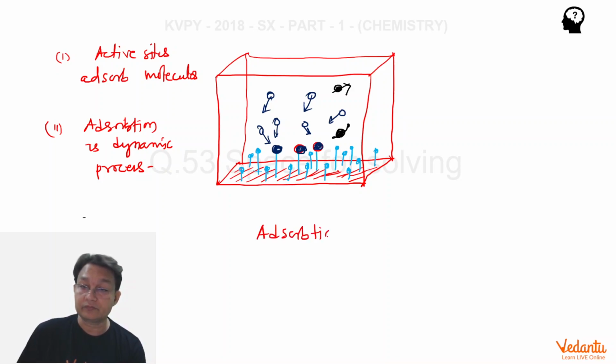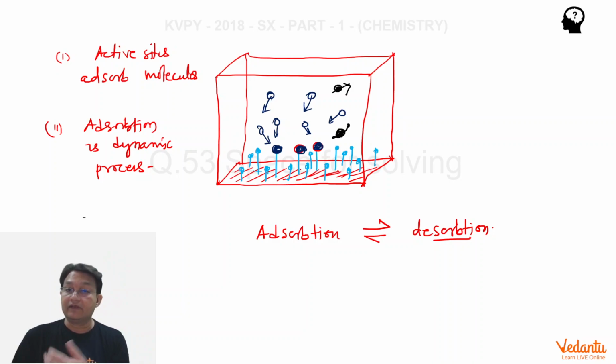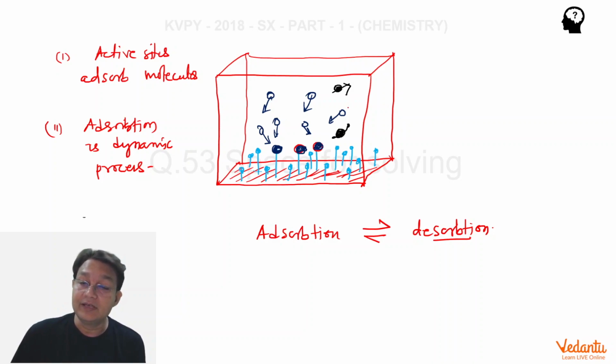Adsorption is in equilibrium with desorption. The molecules which are sitting here will not sit permanently. After some time, they'll be converted into product, and they'll go back into the vessel. Adsorption and desorption are both taking place hand in hand.